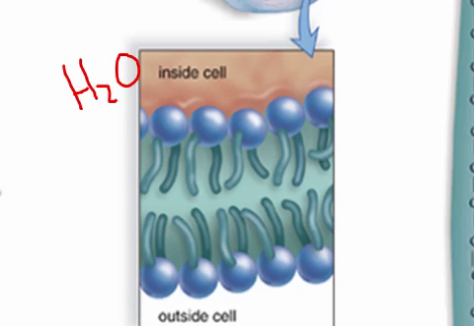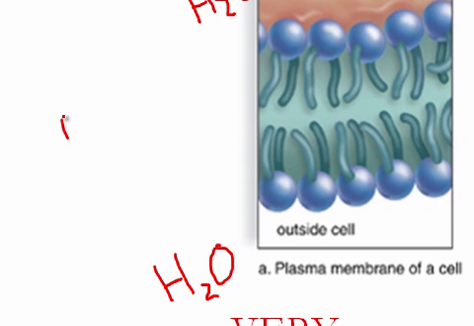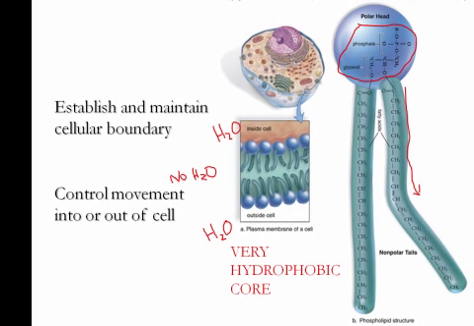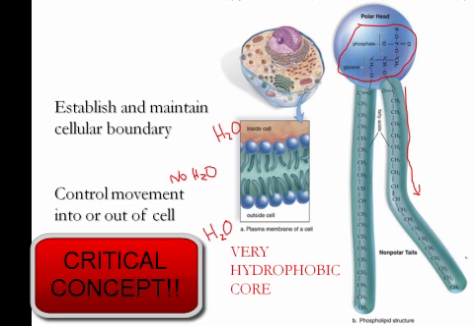The inside of that bilayer, where those nonpolar hydrophobic tails are located, is a very hydrophobic environment. And so this serves to partition the cell. Basically, we're separating water. And so we can establish and maintain that cellular boundary whenever these phospholipids form the bilayer and the spherical plasma membrane.